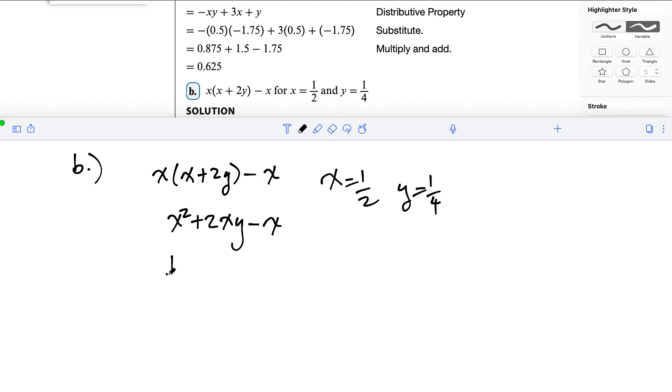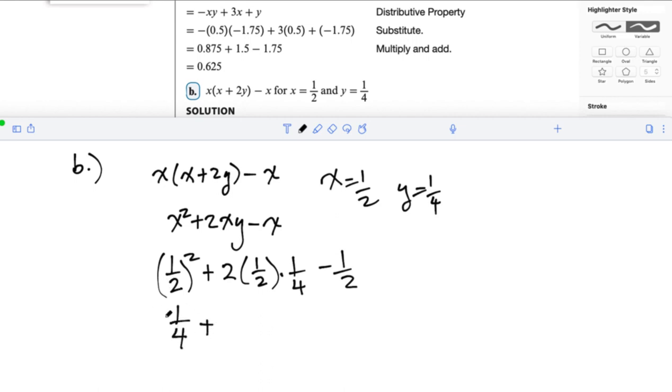So x squared will now be 1/2 quantity squared plus 2 times 1/2 times 1/4. And then we're going to subtract 1/2 from that. All right, you can check and make sure that makes sense before you start calculating. So I'm just going to deal with the exponent first, deal with some multiplication going across. 2 times 1/2 is actually 1.